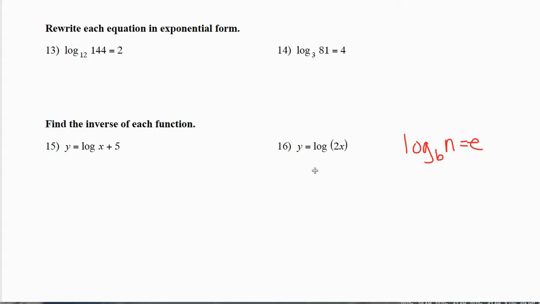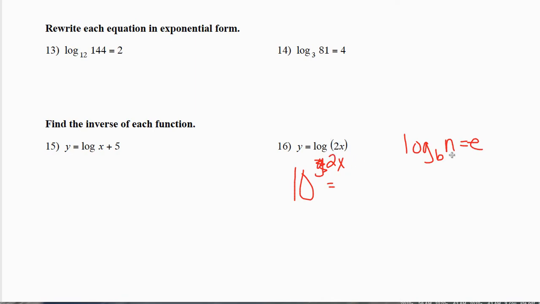So log base 10, so this becomes 10 to the answer, which is y. No, sorry, that's our 2x.